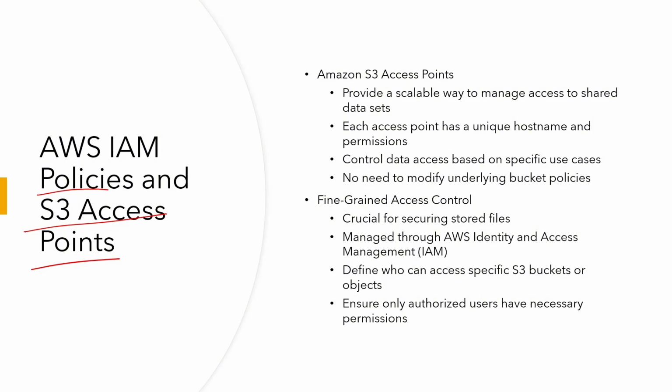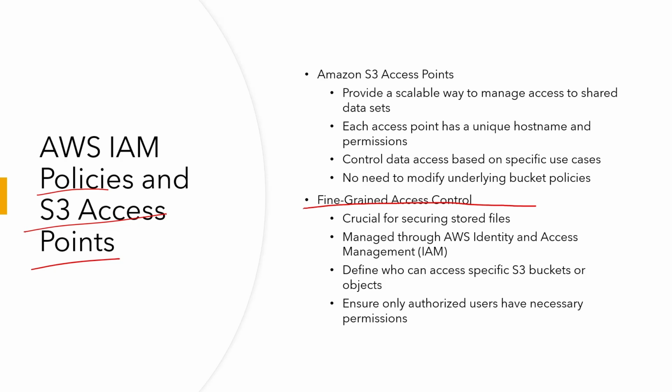Now, apart from access points, we also have fine-grained access control. This is important for securing stored files in S3, and we manage this also through the IAM, or the Identity and Access Management. And this allows us to define who can access specific S3 buckets or objects.